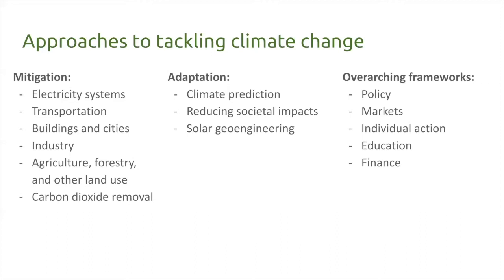We might think about, for example, reducing emissions from electricity systems or from cities or from agriculture, or we might even think about removing greenhouse gas emissions from the atmosphere directly in a concept called carbon dioxide removal, negative emissions, etc. On the adaptation side, some things we may want to do are to predict what will actually happen due to climate change at, for example, a city level, in order to allow them to then adapt to that. And we may also otherwise want to reduce societal impacts by, for example, building more robust food systems or adapting to the effects of mass migrations that we will likely see due to climate-induced changes in landscapes.